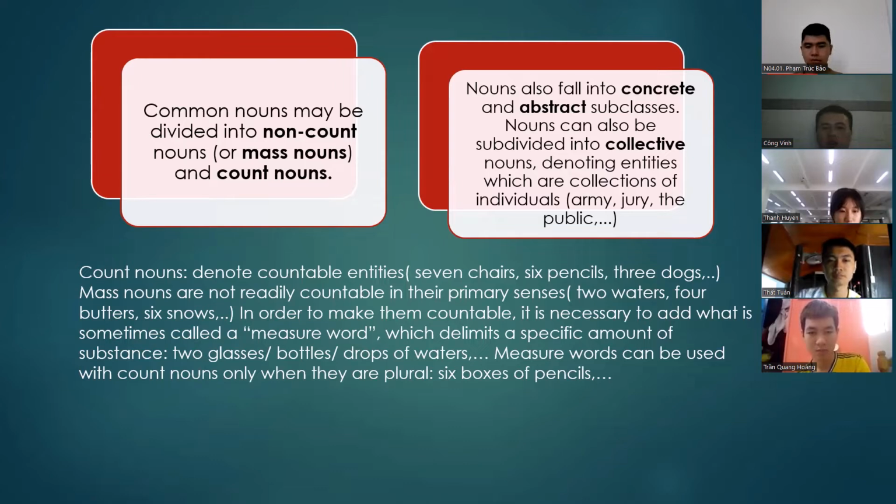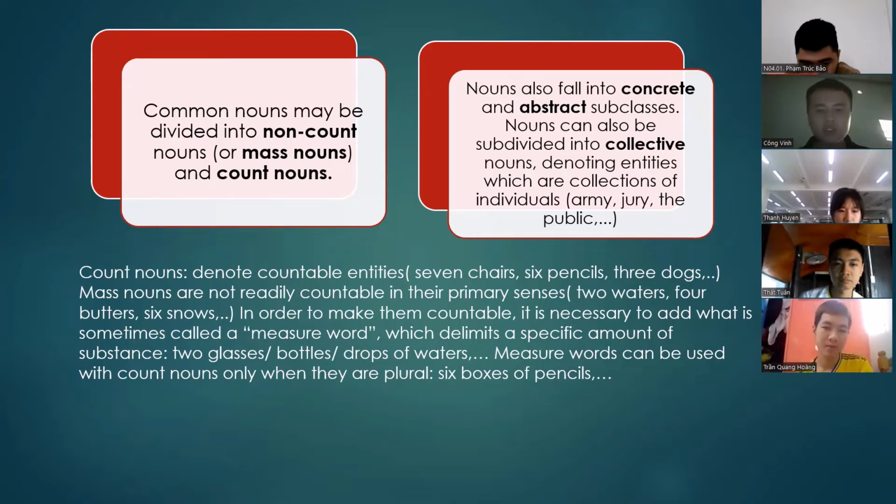In order to make them countable, it's necessary to add what is sometimes called a measure word, which limits a specific amount of the substance, for example, a glass, a bottle, and a drop of water.